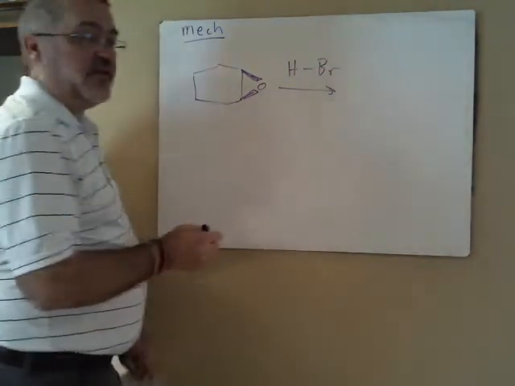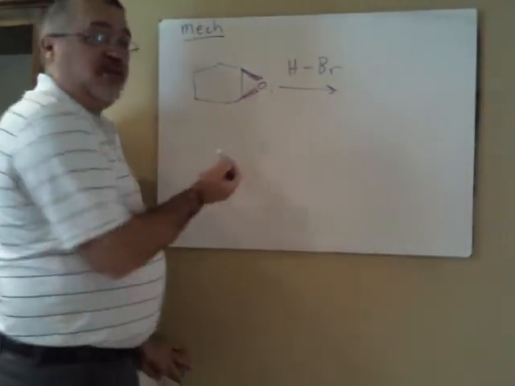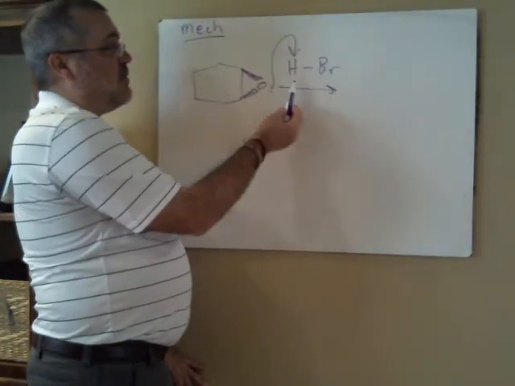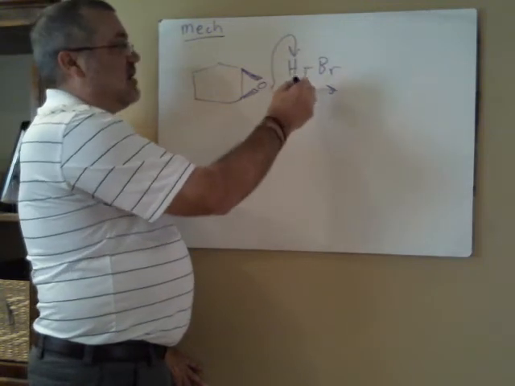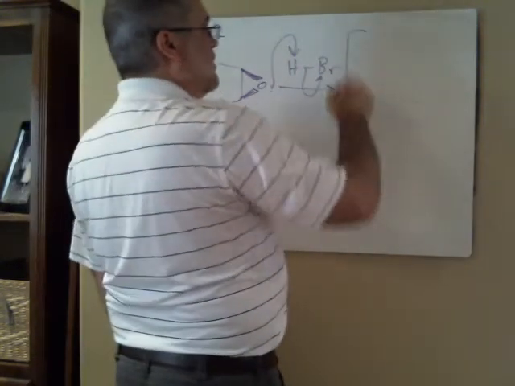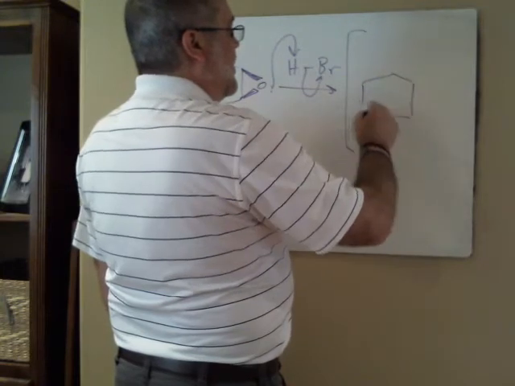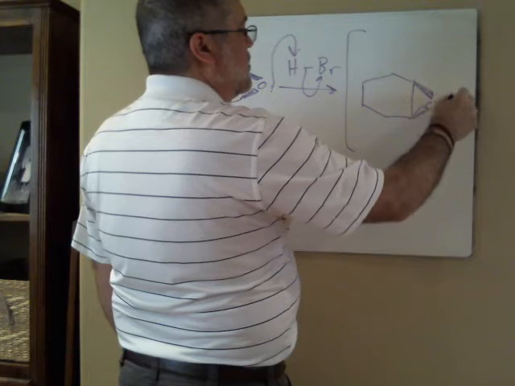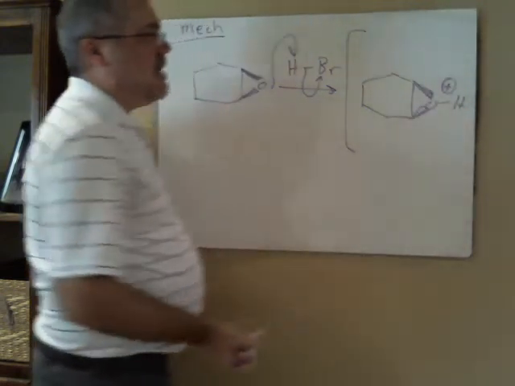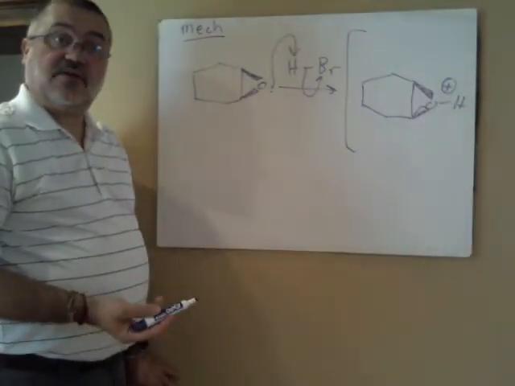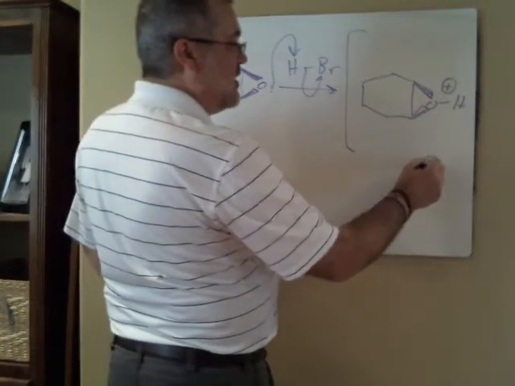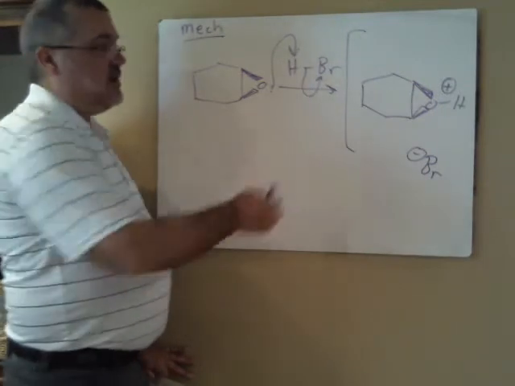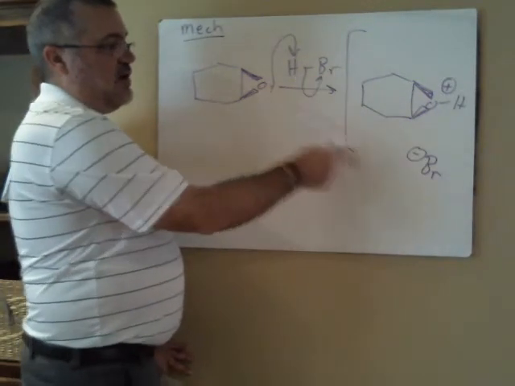Let's use a specific case. Remember what happens when you have an epoxide in the presence of an acid? This is the nucleophile, reacts with the electrophilic proton, kicks the electrons out here. We've seen this little mechanism so many times. Certainly we can remember it as we protonate the epoxide and we form that intermediate that looks very much like the bromonium ion, which we've seen even last semester, and we have the Br minus that was produced here.